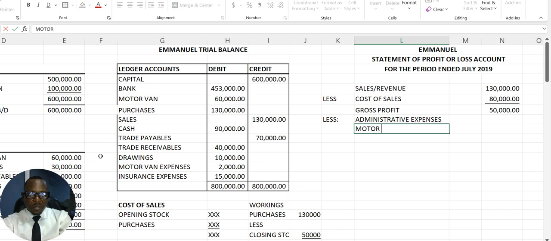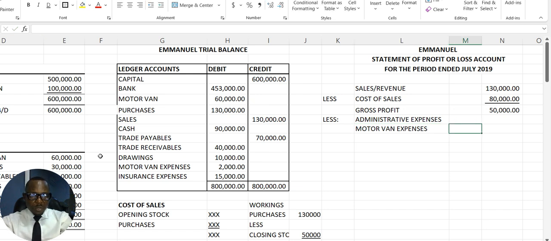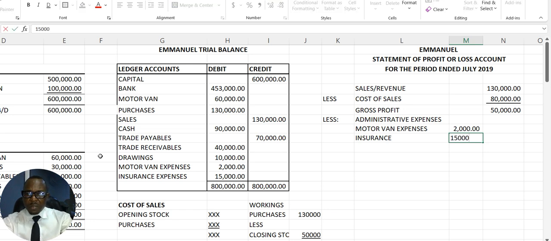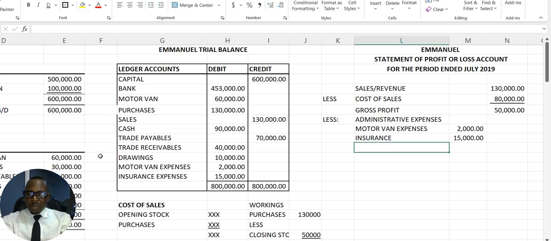That's your admin. How much is it? 2,000 naira. You put down that one here. Now put insurance. The expenses on insurance was how much? 15,000. So you have this.